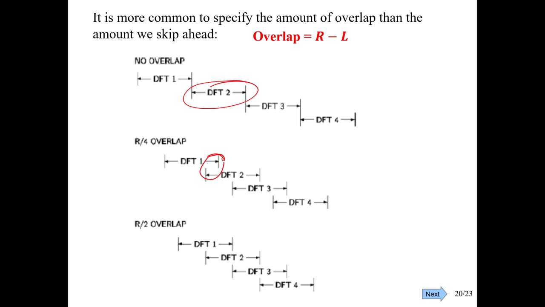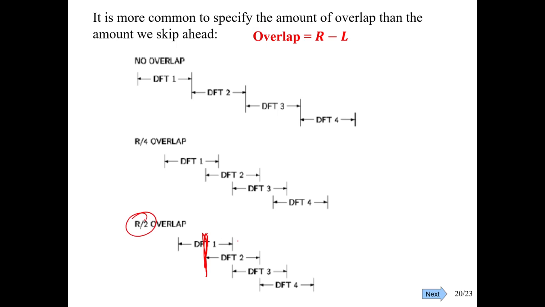And then here, R over 2 overlap. So that means L is half of R. So we start here, we jump ahead by L. And so I should say this notation just means take the DFT of those samples. That's what that means. So this is in the time domain. So we jump ahead by L samples, which is R over 2.